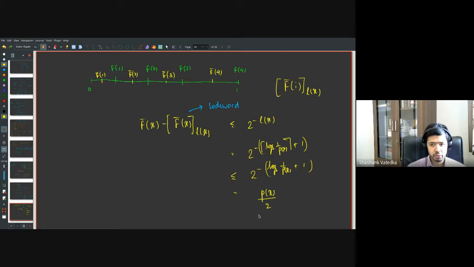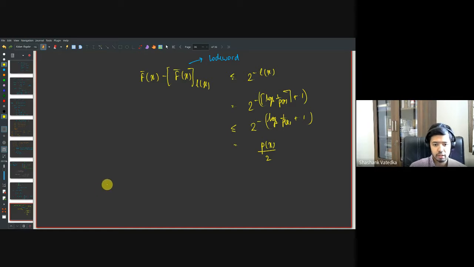Right. So what am I doing? What I'm doing now is a different representation of the code word. The code word is a sequence of bits, but right now I'm thinking of this sequence of bits as a real number. Remember, the way I'm obtaining the code word is I'm computing f bar of x and truncating it to L of x bits in the binary representation. That is going to be my code word. I can think of my code word as a sequence of bits, but I can also think of it as a real number.